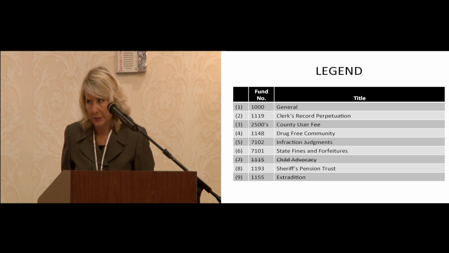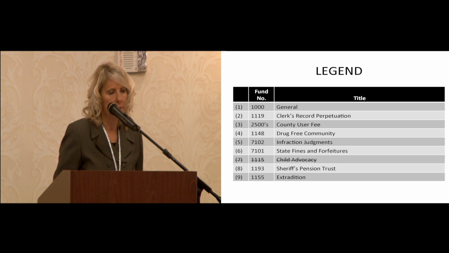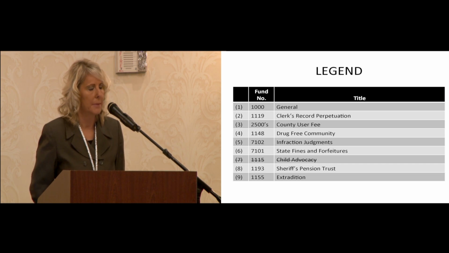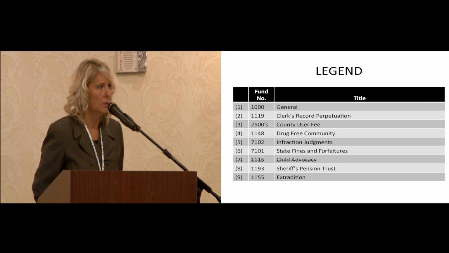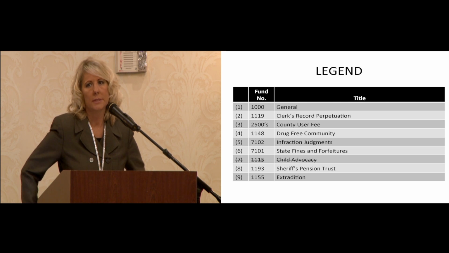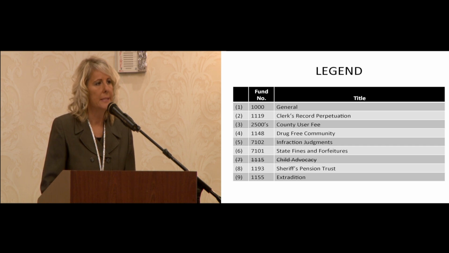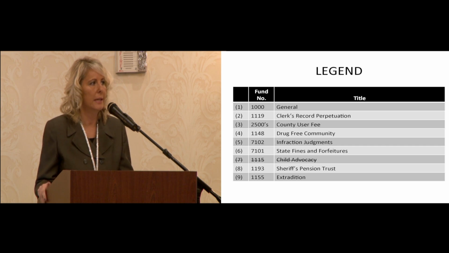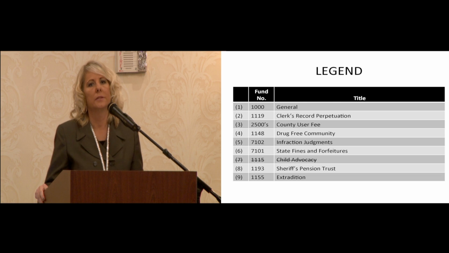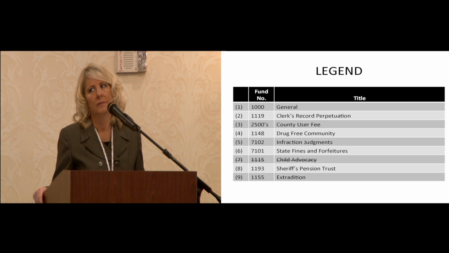As of July 1st of this year, 100% needs to be coming to the state. They changed the law, and 100% comes to the state. You should no longer be seeing on our clerk's report of collections any money going into the Child Advocacy Fund. It has no revenue source now.